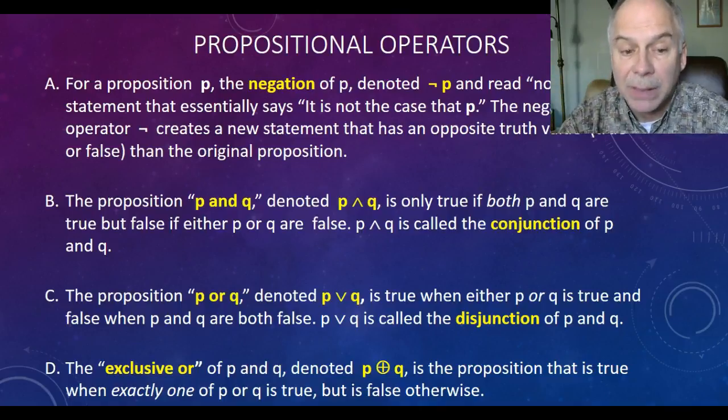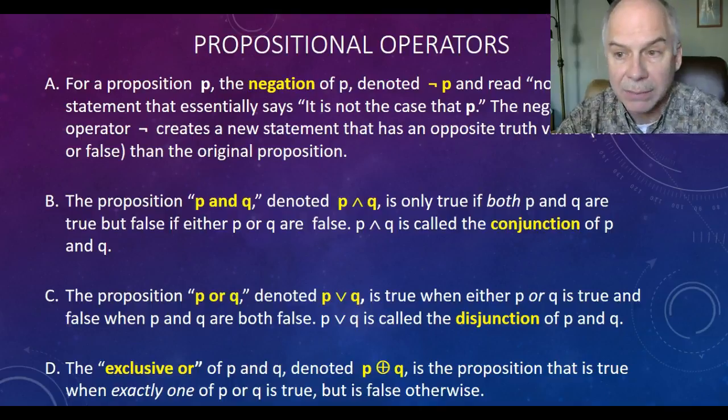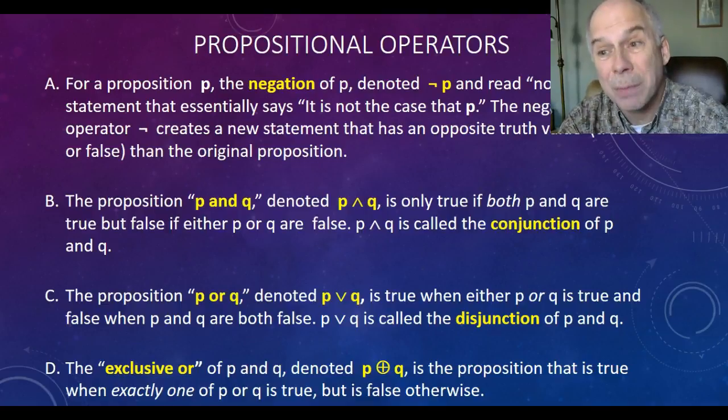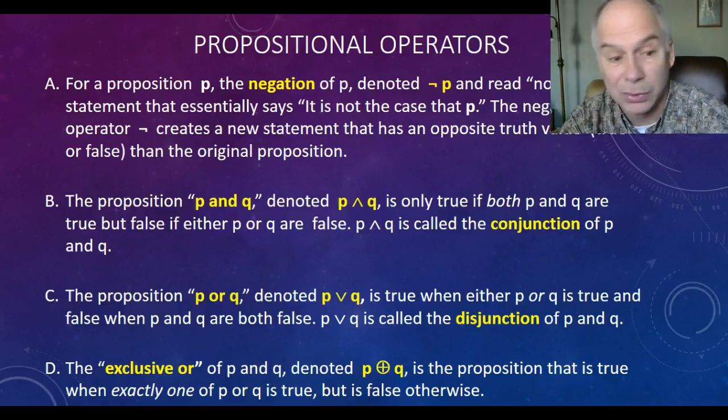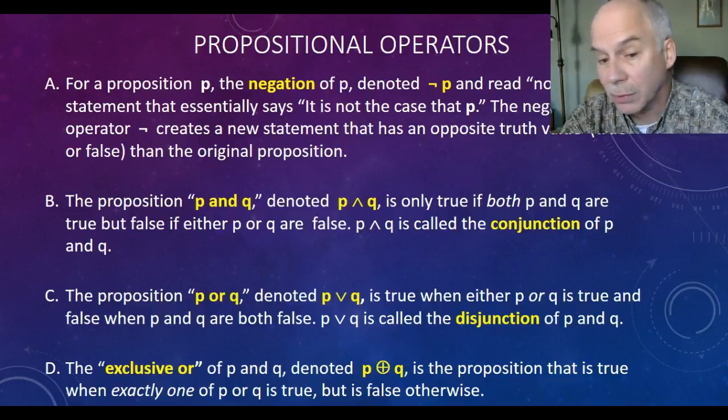All right, now P or Q, that's item C in the slide, is denoted with the V symbol. So P and then what looks like a V and then Q, we would say P or Q, is true when either P is true or Q is true or when both are true.